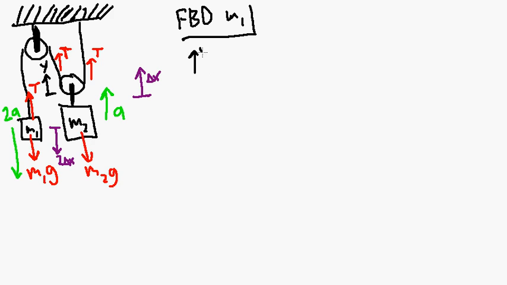Okay, so there's our y up, and what it looks like here for M1 is you've got tension, and then you've got M1G. So the sum of forces in the y direction on M1 is equal to, well, we're defining this A here as our acceleration, so the actual acceleration of M1 is going to be negative 2A, because it's accelerating 2A downward.